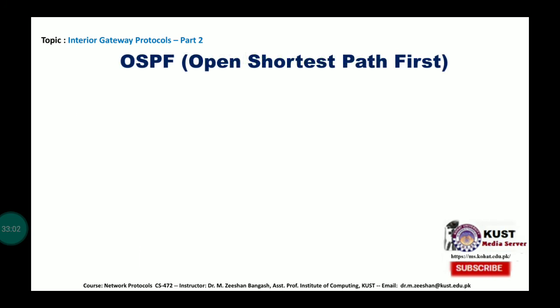So let's discuss OSPF, which is Open Shortest Path First. It's another algorithm, and it's publicly available. It's open, and it uses another type of algorithm. We already discussed the link state algorithm in our previous sessions.